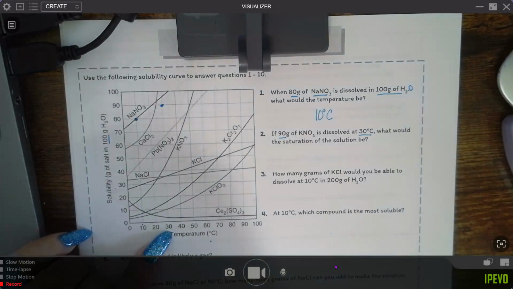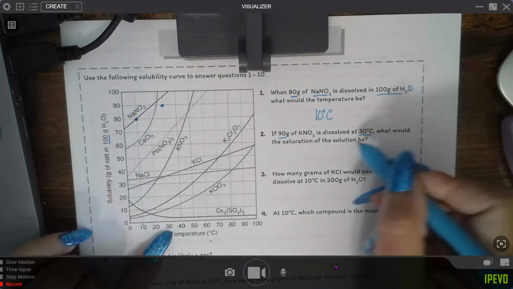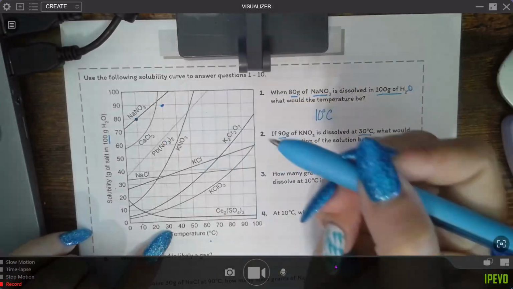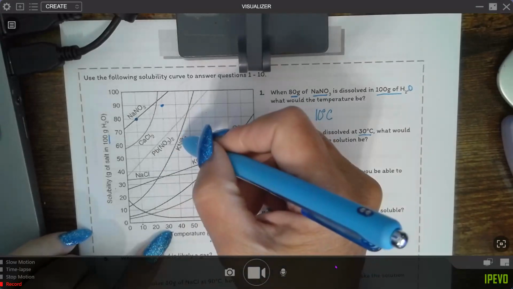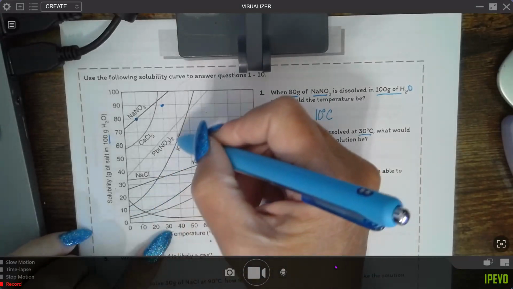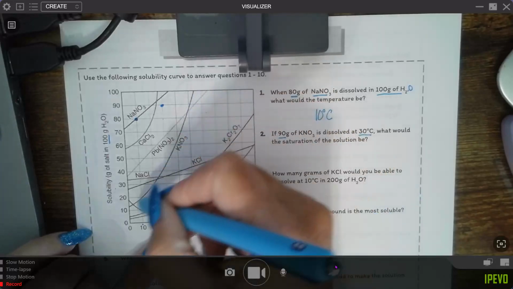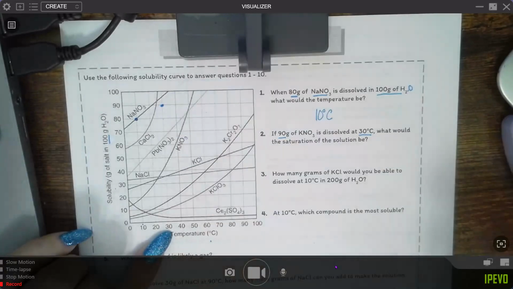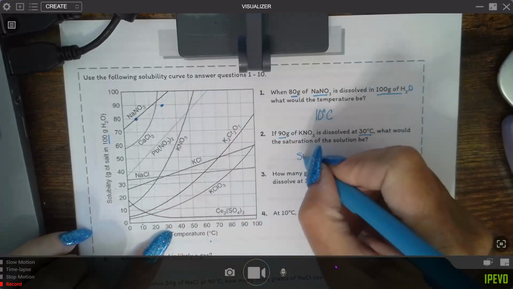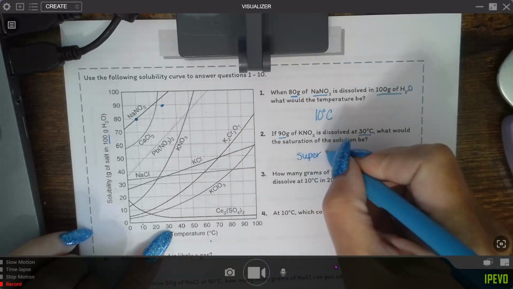What is the saturation of KNO3? KNO3 is this line. This line represents the saturated solution of KNO3. Since our point is above that line, it's going to be supersaturated.